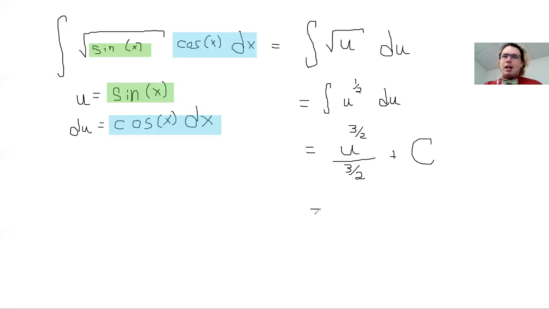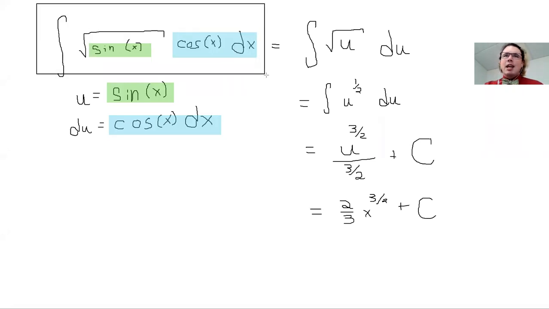Well, I can at least clean up that denominator. If I'm dividing by 3/2, that's the same as multiplying by 2/3, right? I just multiply by the reciprocal. But I'm not quite done with this problem yet. My integral problem came to me in x variables. You can actually see I wrote the wrong variable down here.